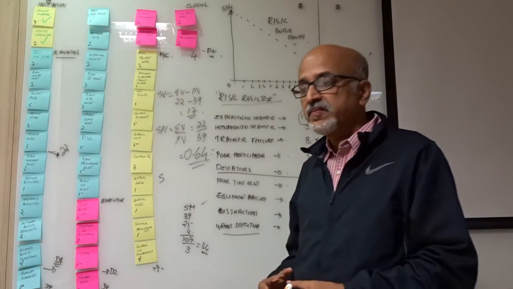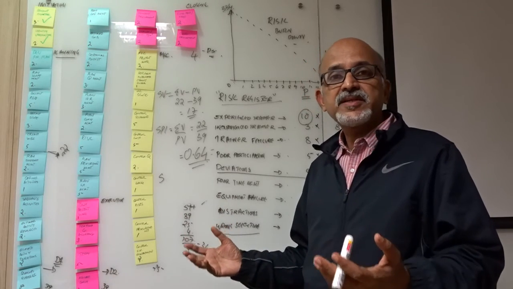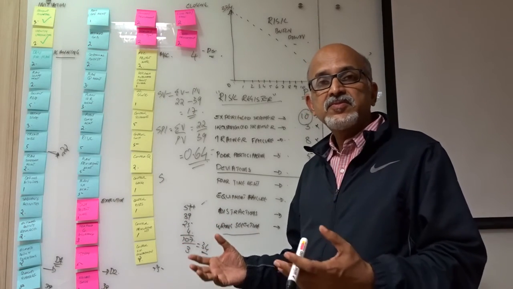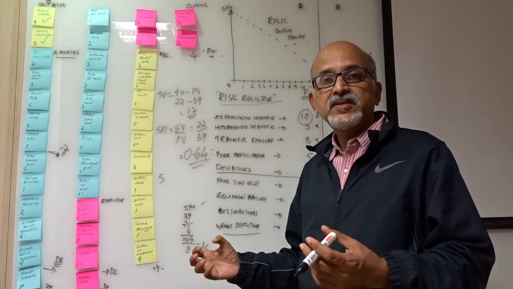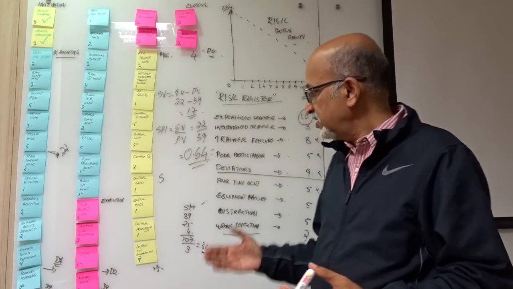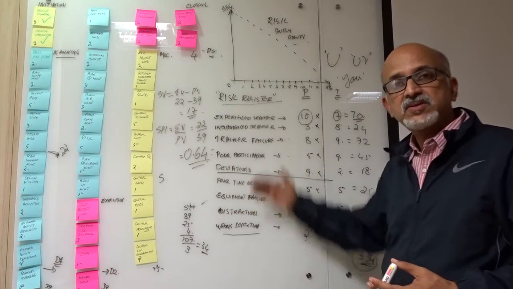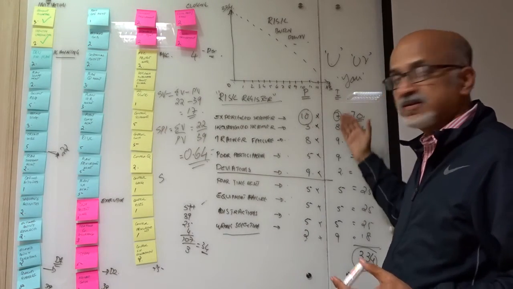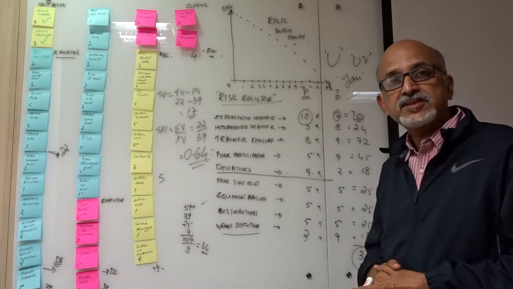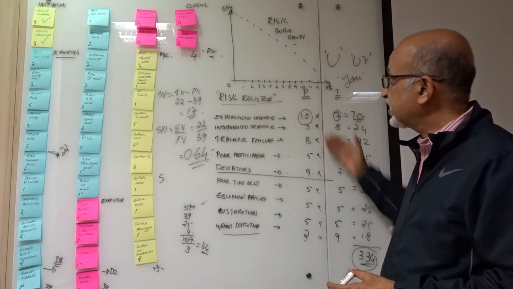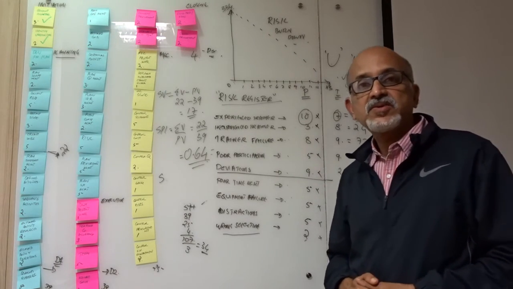Thus we arrive at the schedule performance index and the schedule variances, which help us manage the project on track. In parallel, we worked on the risk register, did the qualitative risk analysis of probabilities and impact, and put up a risk burn down chart.